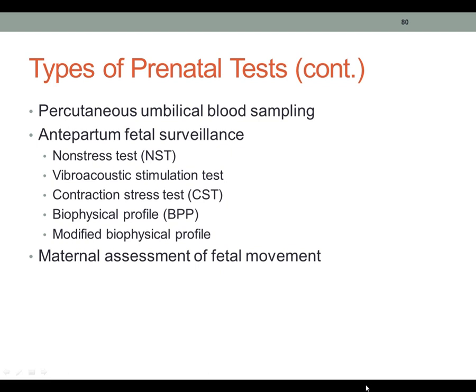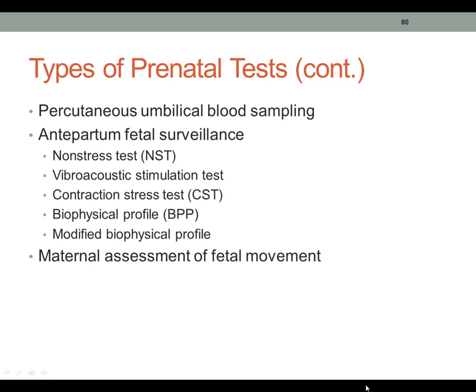So antepartum fetal surveillance is testing that we do while mom's pregnant. We have the non-stress test, or NST, which determines adequate oxygenation and response of the fetal heart to stimulus. We have the vibroacoustic stimulation test.